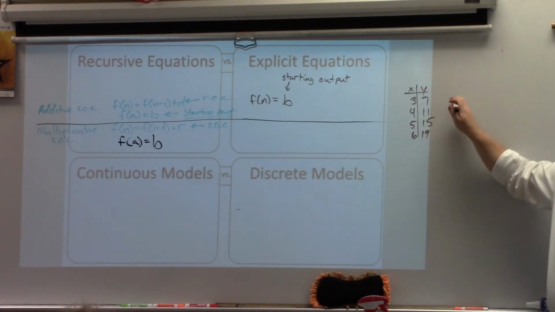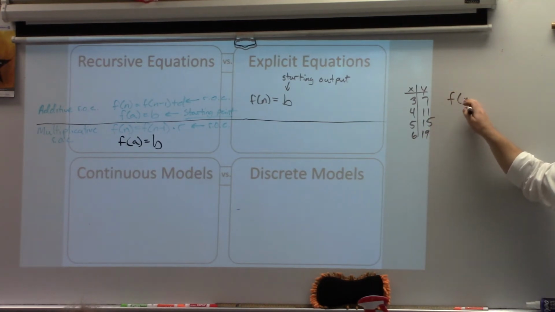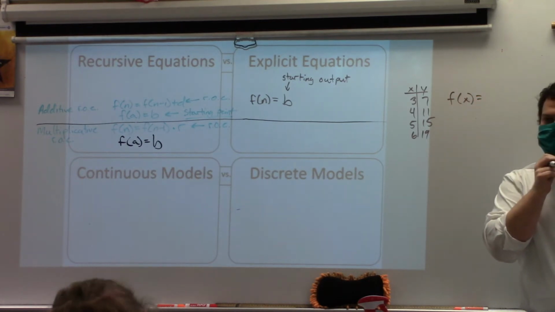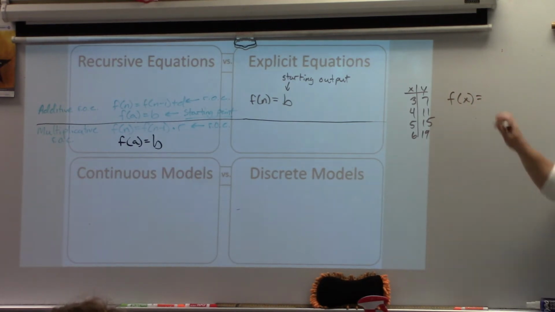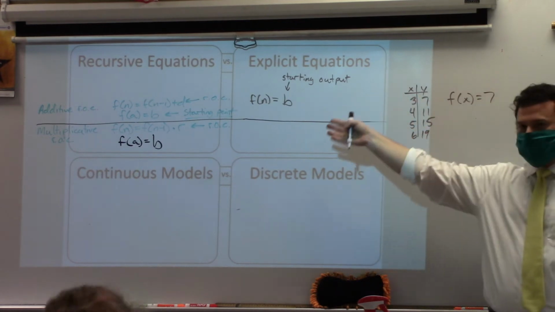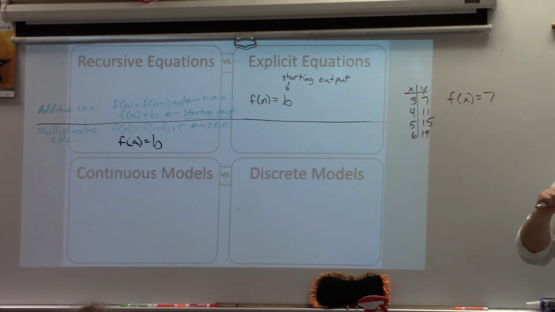So notice in this case, f of x would start at 7, right? That's that starting output, that b. But what are you doing to that b? Adding what?